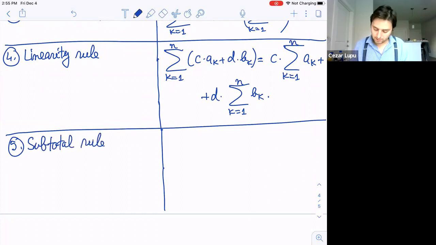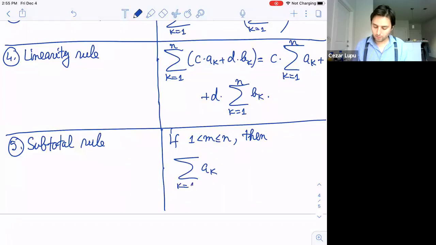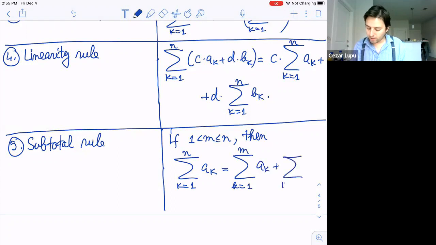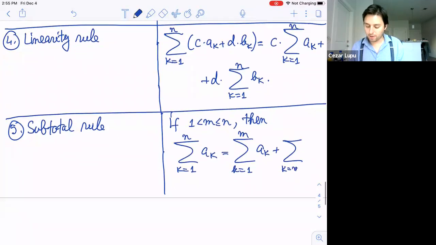And this says the following: if m is less than or equal to n, but greater than 1, then we can write that the sum of ak with k going from 1 to n would be, we can break the sum into two parts, the sum from k equals 1 to m of ak plus the sum from k equals m plus 1 to n of ak. So we can break the sum into two sums.